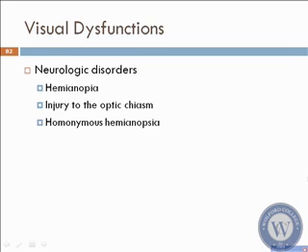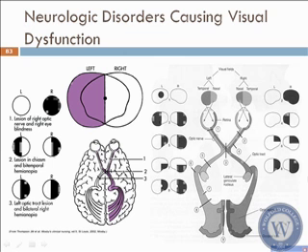Neurological disorders include hemianopia, or injury to the optic chiasm, or what's called homonymous hemianopsia. What I ask you on the test is basically the following. Okay, I expect you to know these because this involves, when we talk about pituitary tumors, and we talk about certain forms of blindness. So what I want you to do is take this picture here and associate it with the actual visual loss.